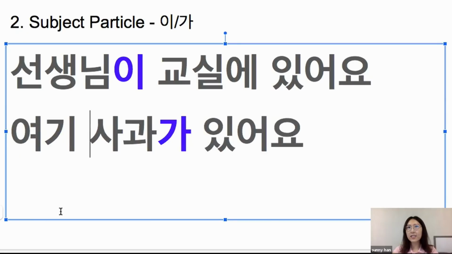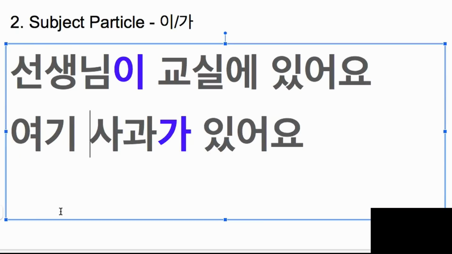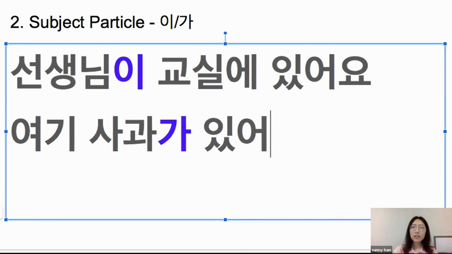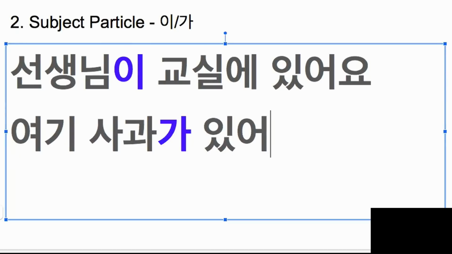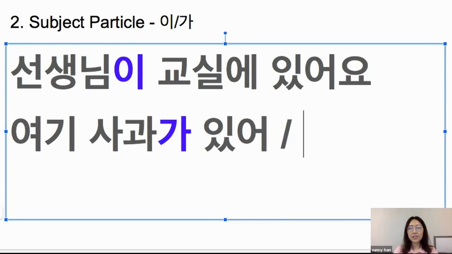To your friend, 여기 사과가 있어. Then we can say 먹다.